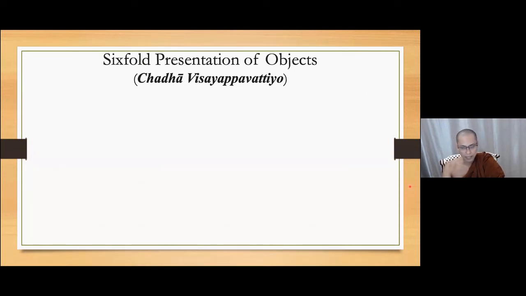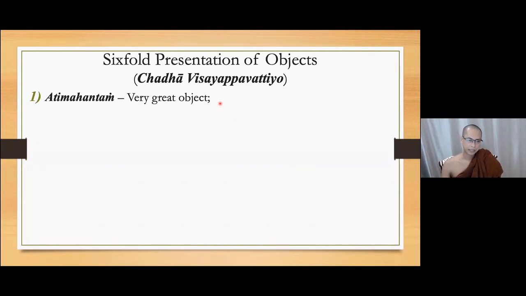So what we see or what we hear, due to the quality of the object, let's classify. This is called the Chada Visaya Potiyo, the set-forth presentation of objects. This is number 6 of the 6.